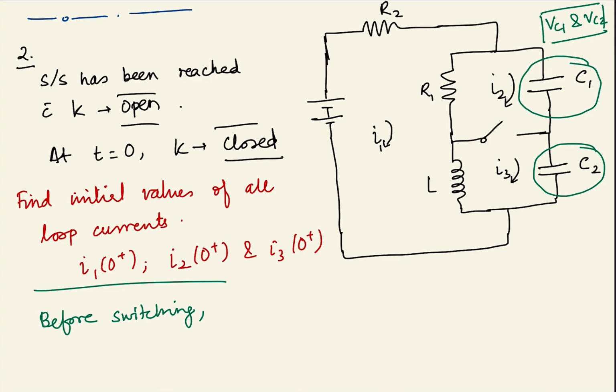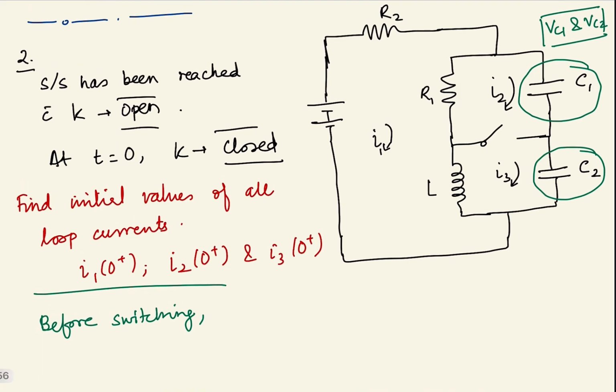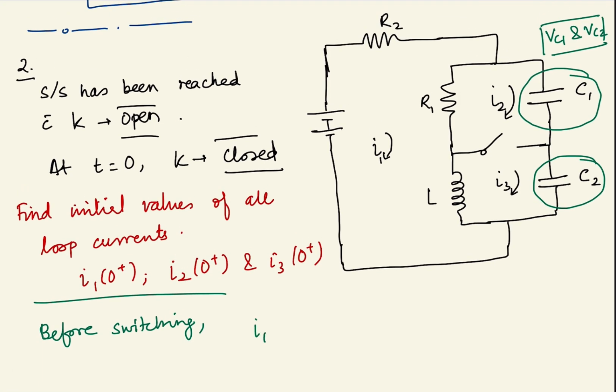Okay, so how will the current actually flow? Let's see. The current will actually take this path. Since the inductor behaves as a short circuit in steady state, before the switch action takes place, the current I1 will be IR1(0-), which will also be equal to IL(0-).